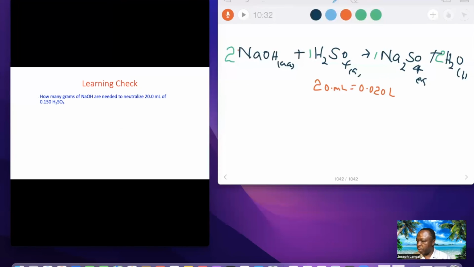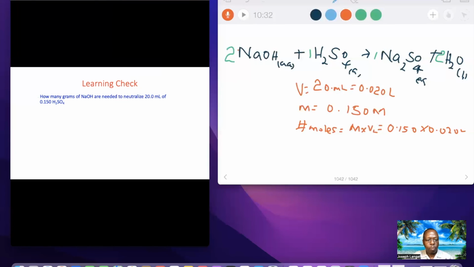Molarity is 0.150 mole per liter, which means the number of moles is molarity times volume in liters, which is 0.150 times 0.020 liters.